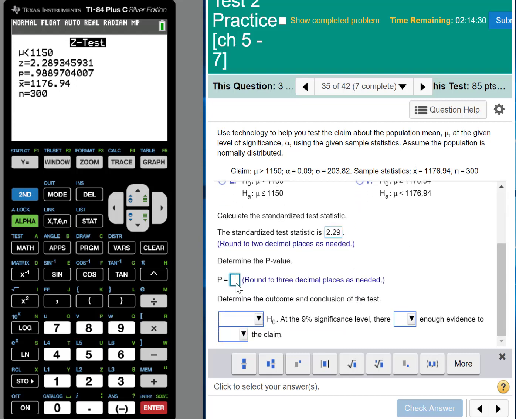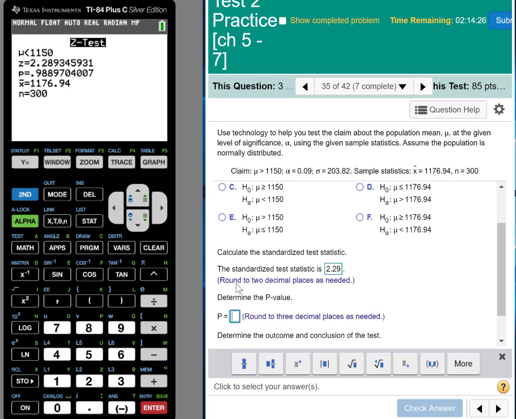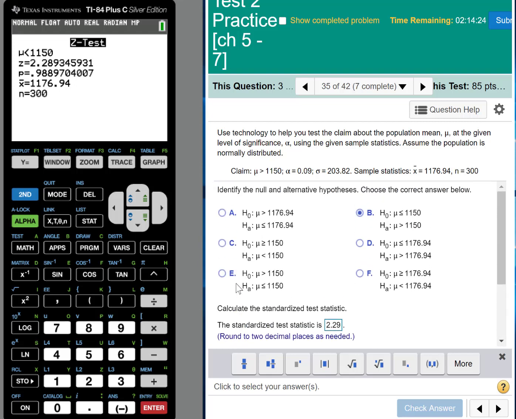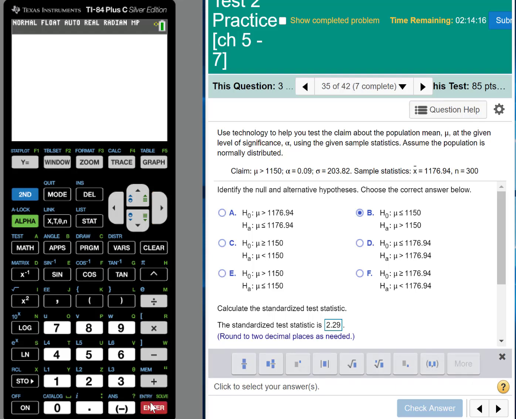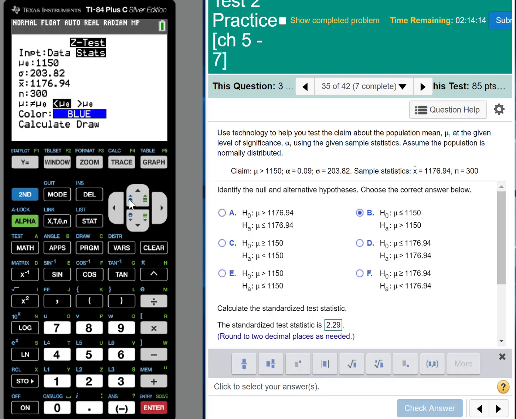And the p-value... Oh, I made a mistake. I should have chosen greater than. I didn't choose it properly. Let me redo this. I thought I did press enter. Oh, I didn't. See? How did I know that there was a mistake? I saw that on the screen.